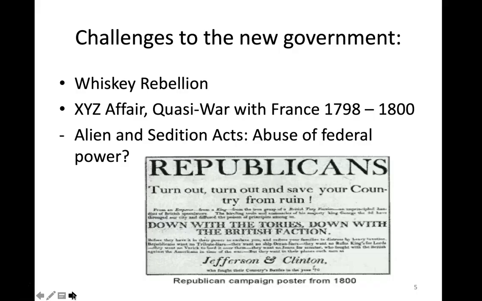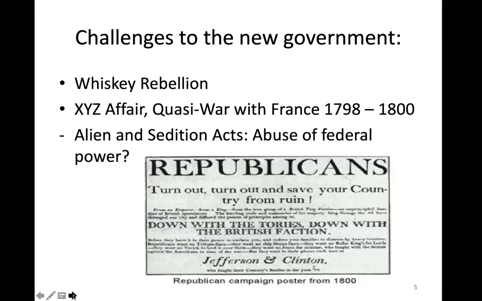Okay, so you also see the XYZ Affair listed, and that is because John Adams, who was the president during this time, in order to be involved in diplomatic talks with France about this brewing war, sent over some American delegates to meet with French diplomats, but they were basically ignored.